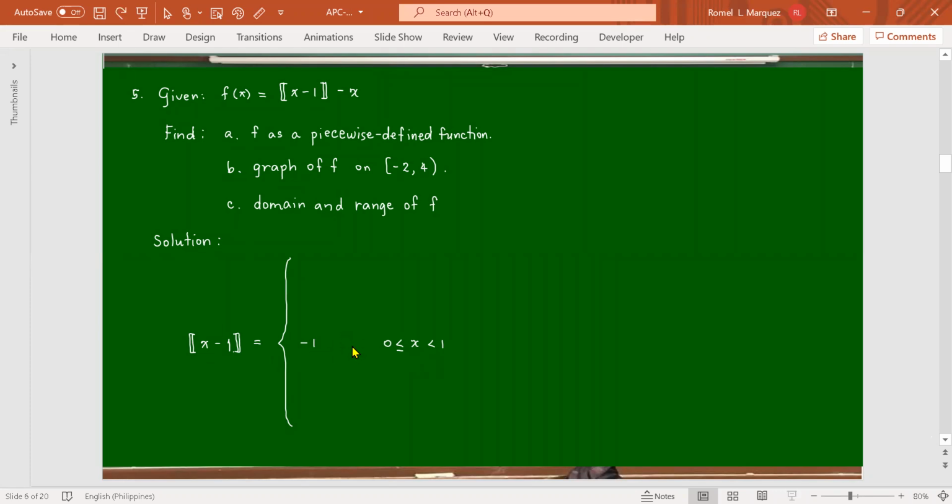Actually, all you have to do is to find a pattern, no? And it is always an integer. If x is to the right of 1, including 1, to less than 2, what is the value? For instance, I assign x that is 1.5. 1.5 minus 1, it is 0.5, right? What is the greatest integer of 0.5?